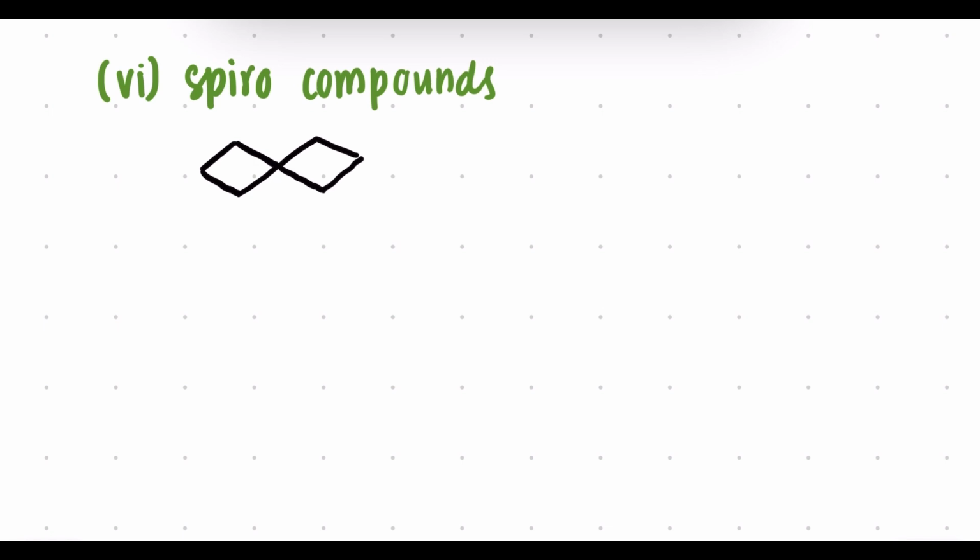One thing that you have to remember for geometrical isomerism in spiro compounds is that it's pretty similar to the ones in polyenes. Just take these rings to be considered as double bonds. So let's just go with an example and hopefully you'll understand better with that.